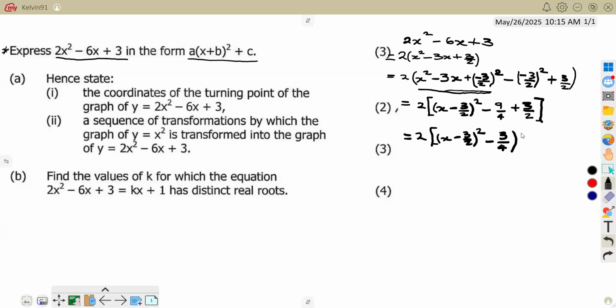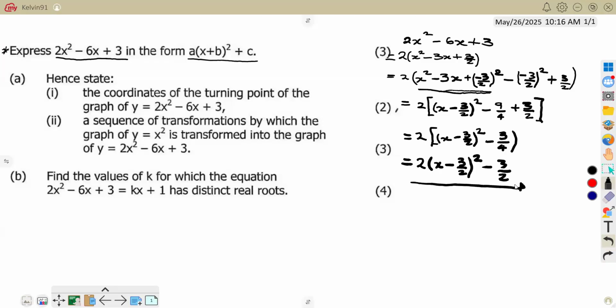We can simplify using your calculator, then you get that. Then let's multiply by 2 to remove the bigger bracket. So this reduces to 2 times (x minus 3 over 2) squared. Then let this 2 multiply the term outside, minus 3 over 2. This becomes our answer.